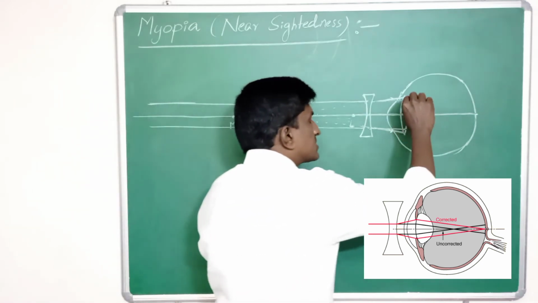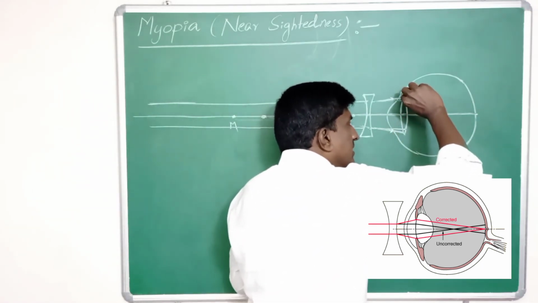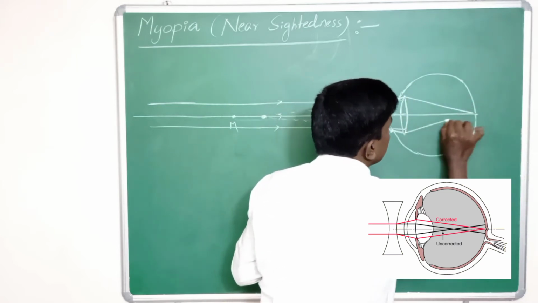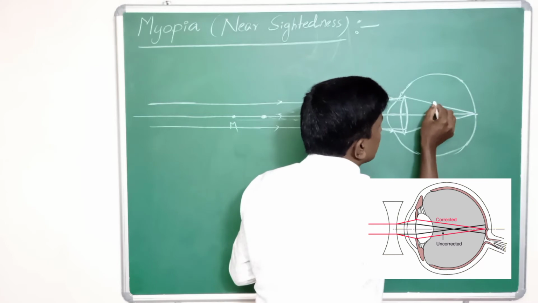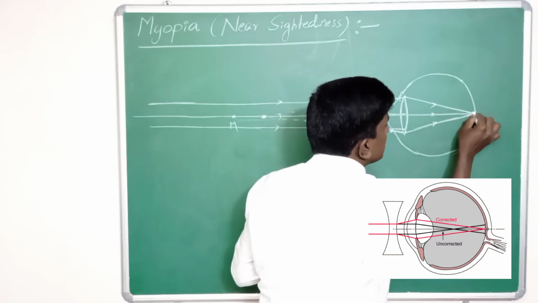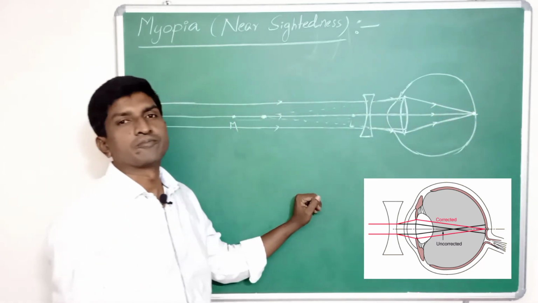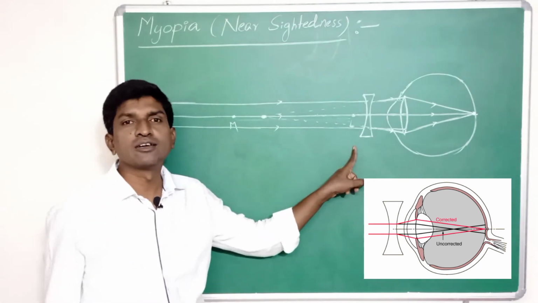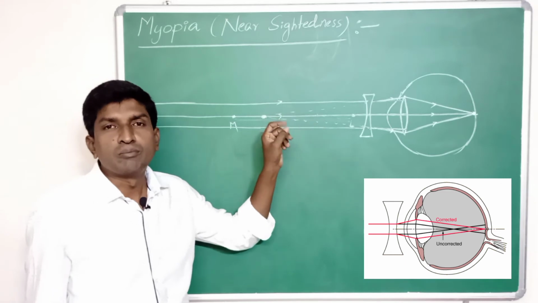Then we know that for an object in between L and the far point M, these light rays are refracted and form the image on the retina. In this way we correct the myopia.